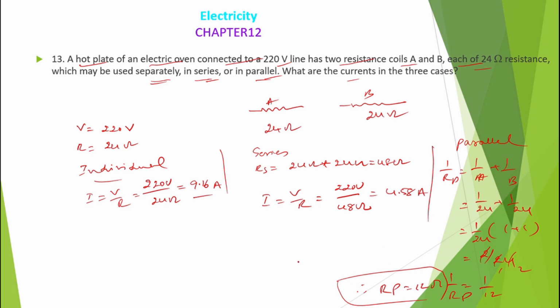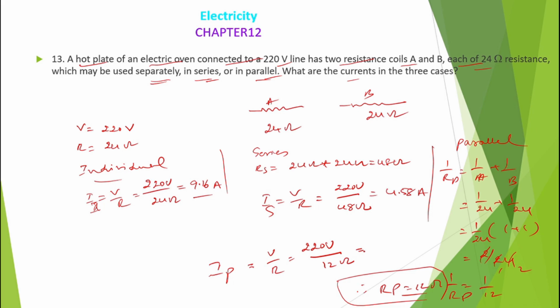Okay, now we have to calculate the current for this. So this is the parallel connection, this is the series connection, this is the individual connection. I is equal to V by R. So V means 220 volt divided by R, we got 12 ohm.